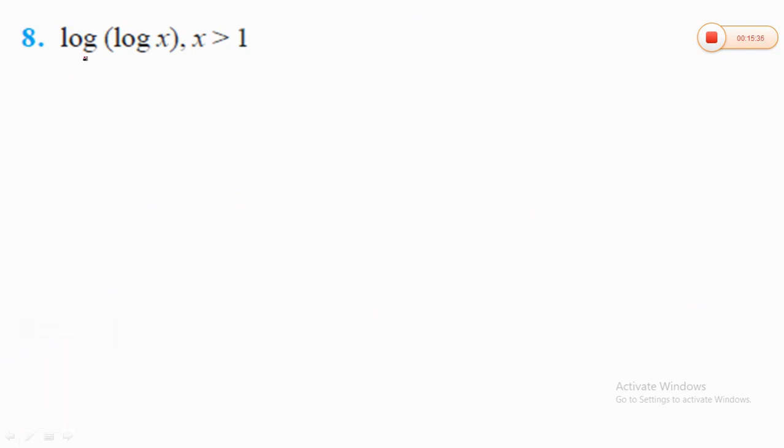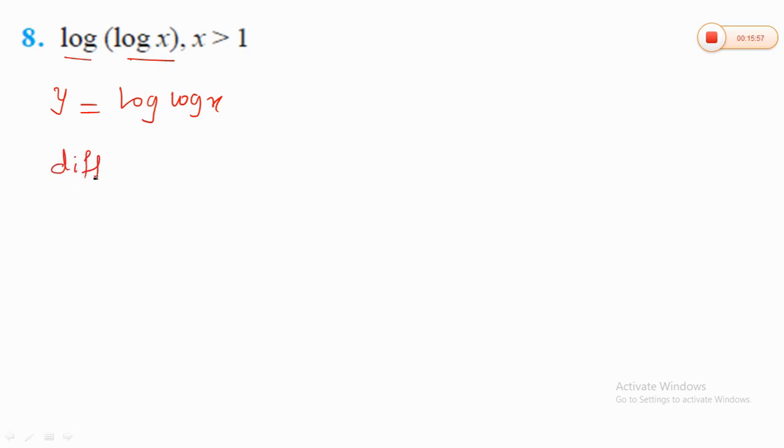So observe here log of log x. A log function within another log. So write y equal to log of log x. First we have to differentiate this outer log, then differentiate log x.